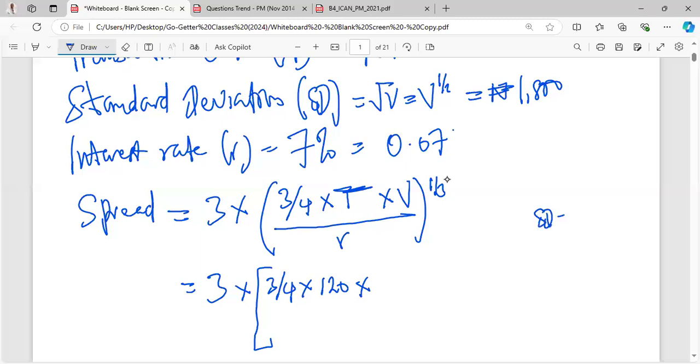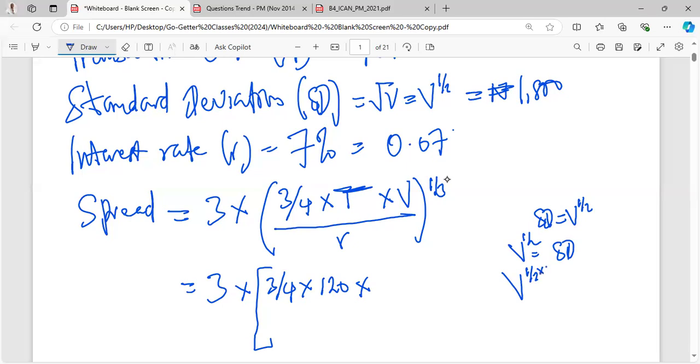SD is equal to V to the power 1 over 2 here. We want to look for only V. How do we remove this 2 down there?